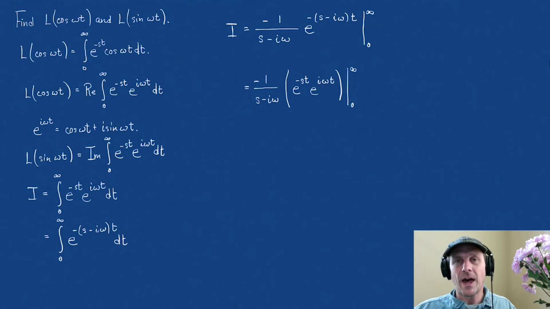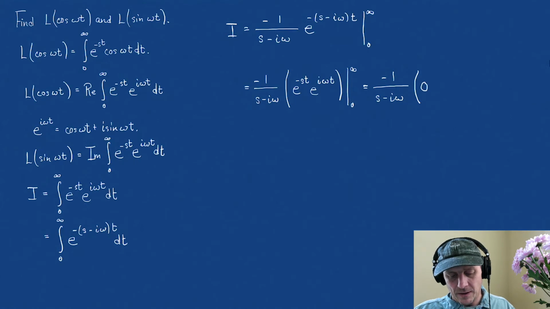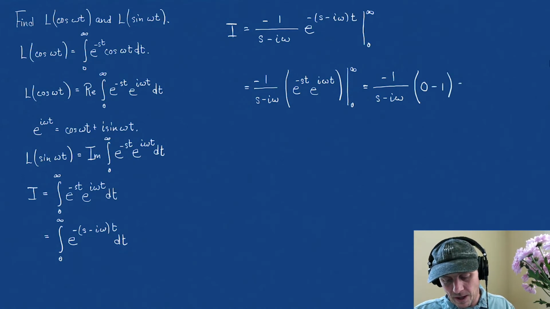Well, when I do that, notice that the e to the I omega t is sines and cosines, and those are going to oscillate. But e to the minus st, as t gets very large, goes to 0. So I can just say that this becomes minus 1 over s minus I omega times 0. And then at 0, e to the minus st becomes 1. E to the I omega t at 0 becomes 1. So minus 1.